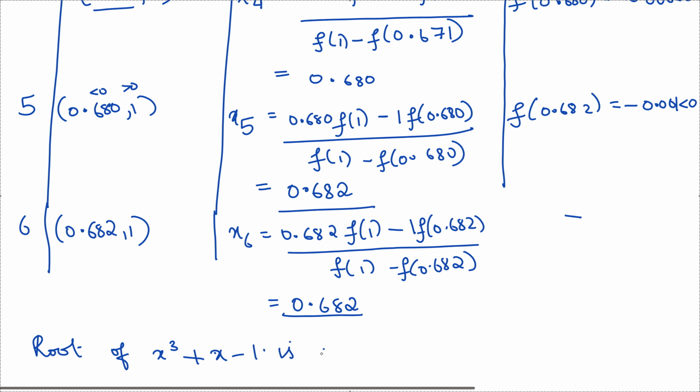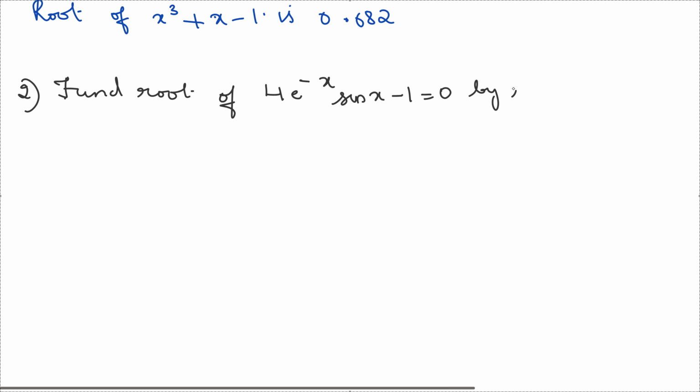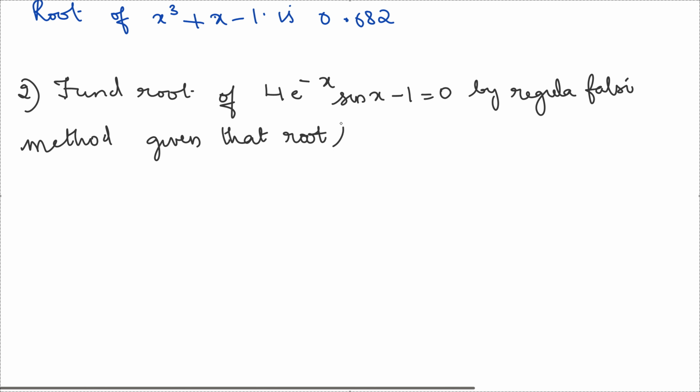Okay, so let's solve question number 2. Question number 2 is: find the root of 4 e power minus x sin x minus 1 equal to 0 by the Regula Falsi method, given that the root lies between 0 and 0.5, correct to 3 decimals.